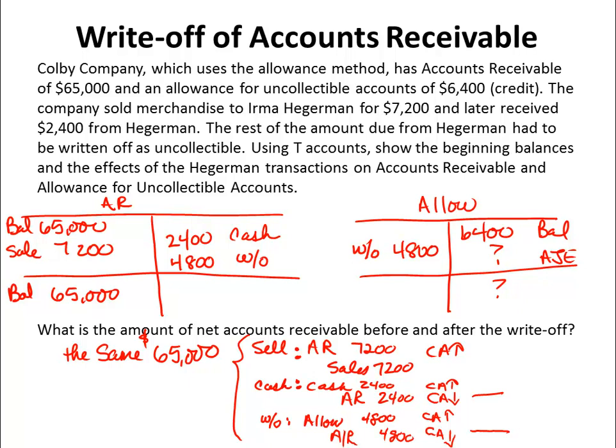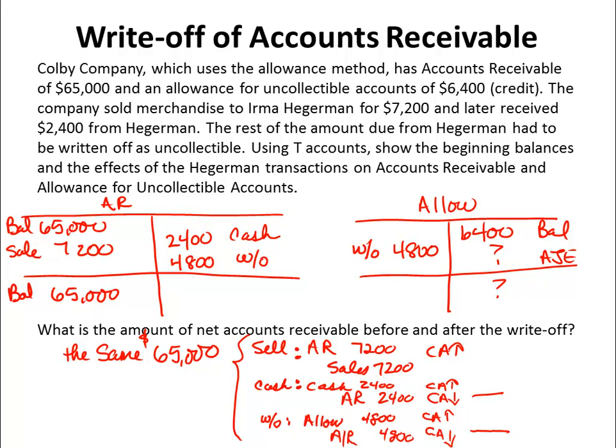And when we write off a particular account for Irma, notice we debit allowance for bad debts, uncollectible accounts, or doubtful accounts, $4,800, the difference, and credit accounts receivable, Irma Hegerman, $4,800. When we write off, our current assets go up, our current assets go down, so there's no change in our current assets.